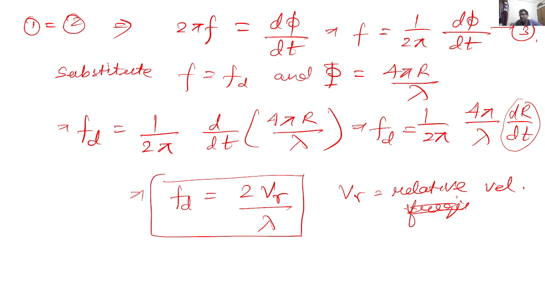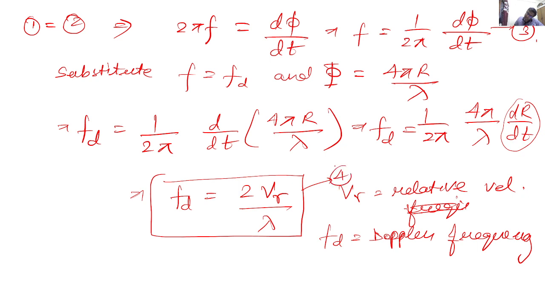Even if they are both moving, but they are moving at a uniform speed, then also the Doppler effect will not be taken into consideration. That's what I want to say. And fd is something known as the Doppler frequency. This is equation number 4, and this is the most important formula so far.